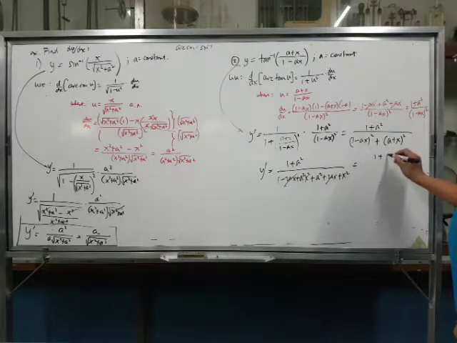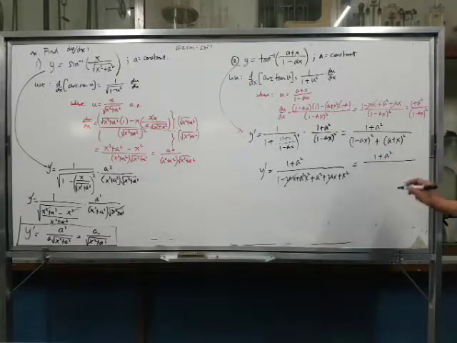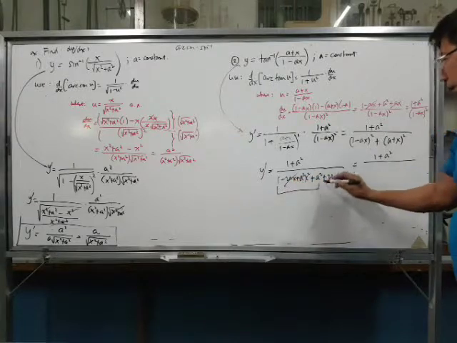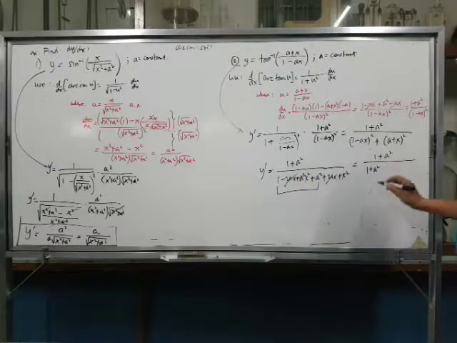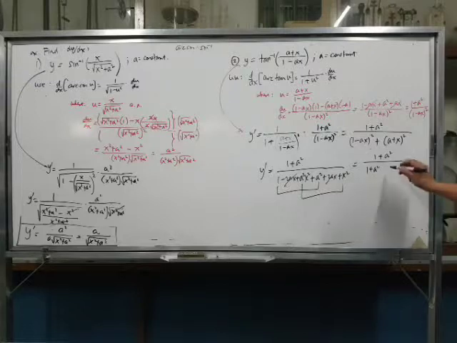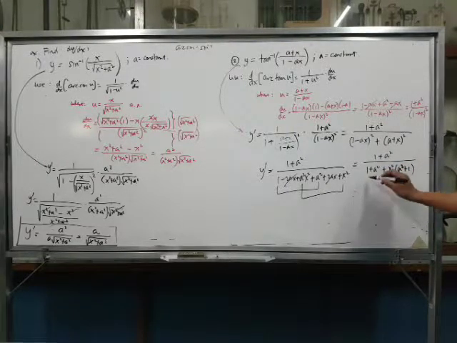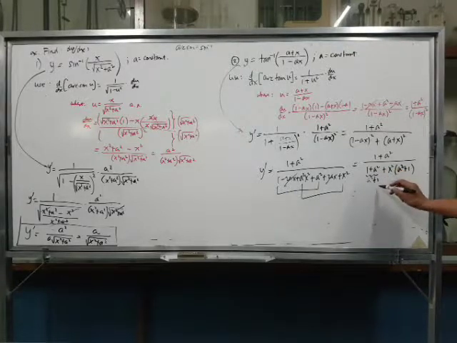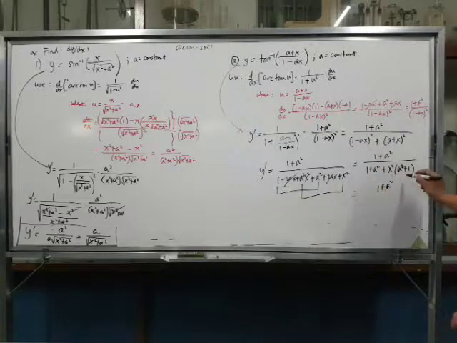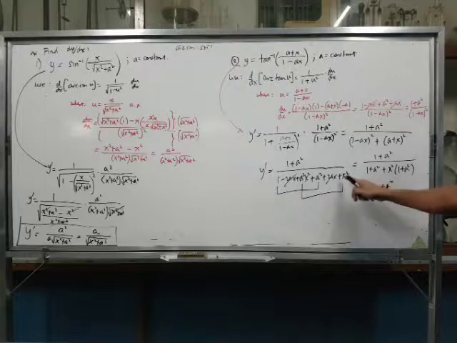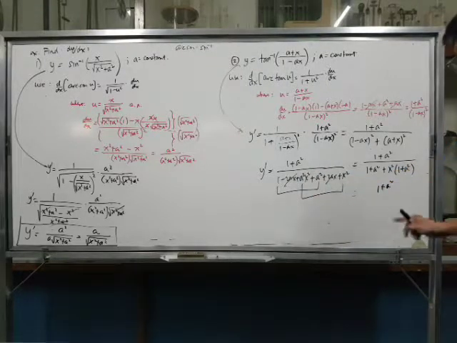So this is 1 plus a squared, and between these two we can factor out x squared, and we have a squared plus 1.